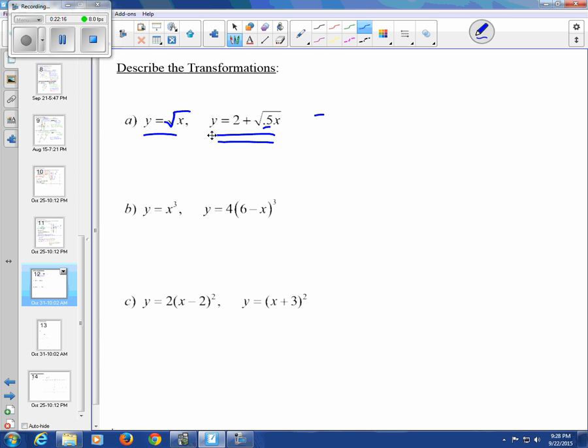Right here, I can say this is a horizontal stretch by 2, right? And that's, of course, happening around the origin, right? And then right here, we've got the addition of 2 on the outside, and I would just say, hey, that's up 2, right? Up 2 pretty much implies a vertical shift, and we can say up 2 is good enough for us.